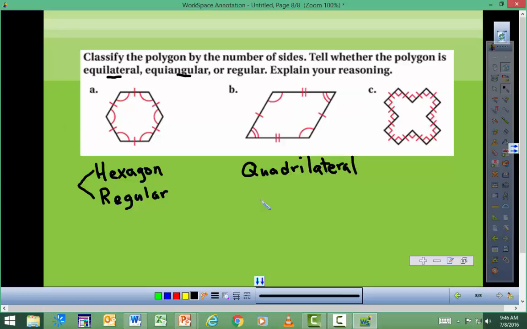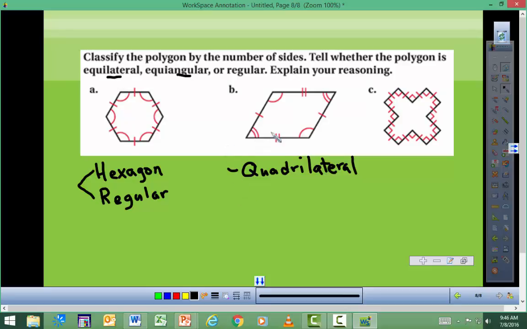So it's a quadrilateral, but since the sides are not congruent because there's 1 tick mark here and 2 here, we know it's not equilateral. And the same is true for the angles. We know it's not equiangular because this angle has 2 tick marks and that one has 1. So this one is neither equilateral nor equiangular.